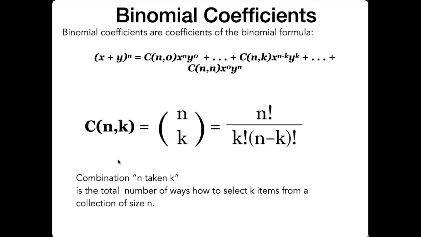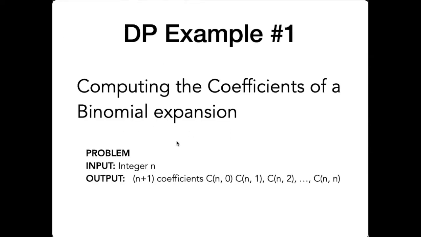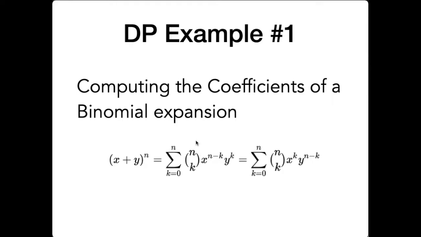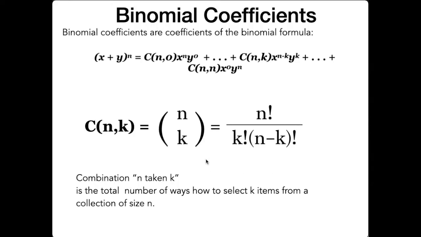Basically, this is the total number of ways to select k items from a collection or a group of size n. So if we expand this binomial theorem, we can get something like this.